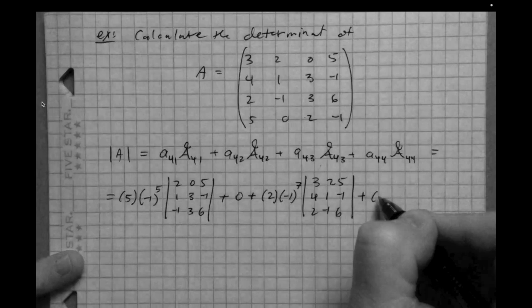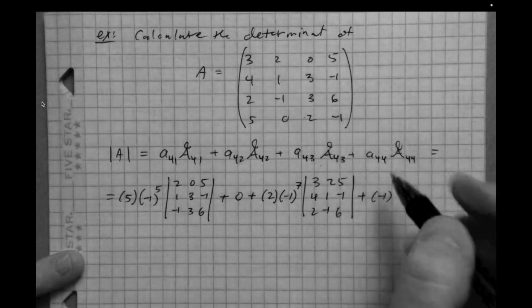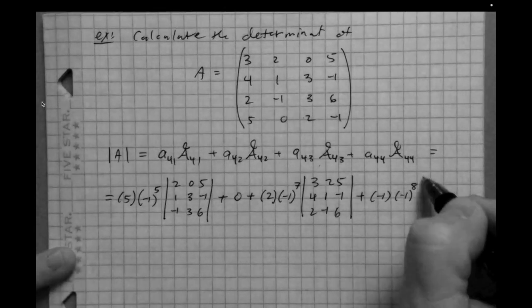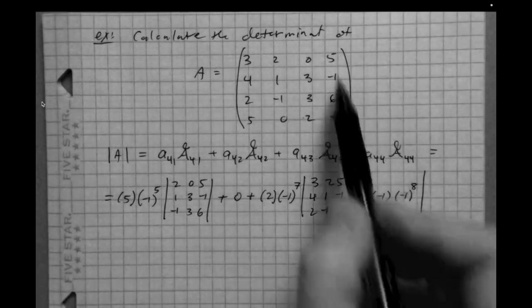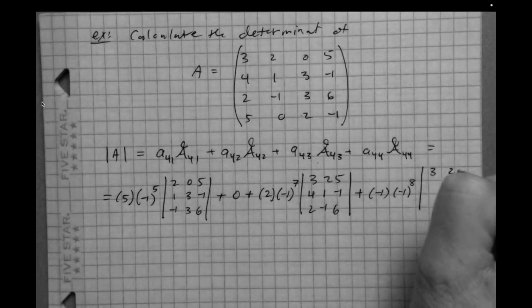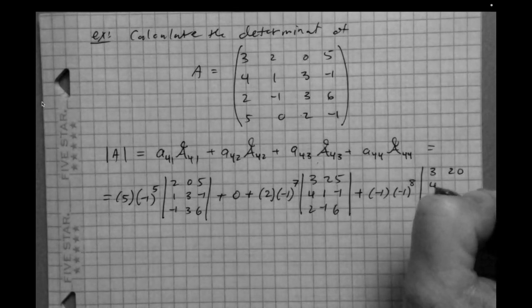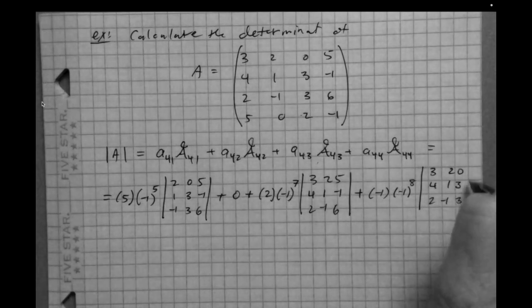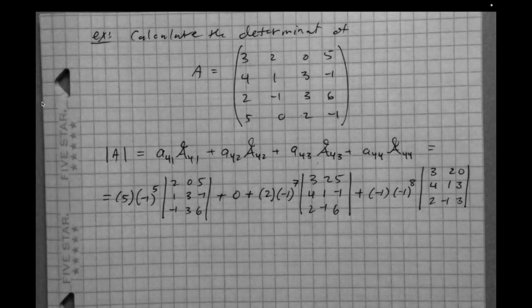Okay, and then finally the last one, A44, is negative 1, and then it's negative 1 to the 8th power, 4 plus 4. And in here you're deleting these two, right? And so 3, 2, 0, 4, 1, 3, 2, negative 1, 3. Okay, right, so that's what the calculation looks like.